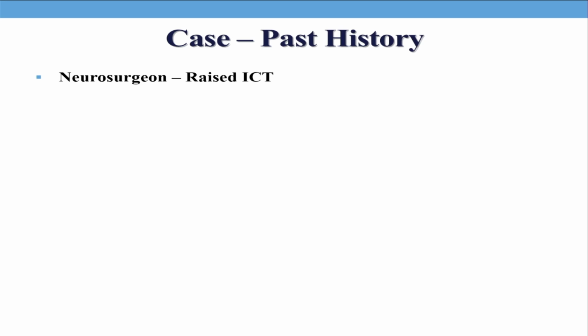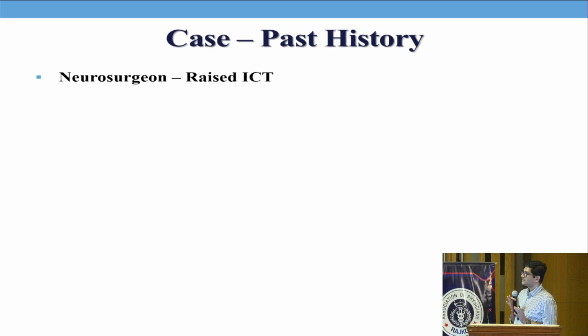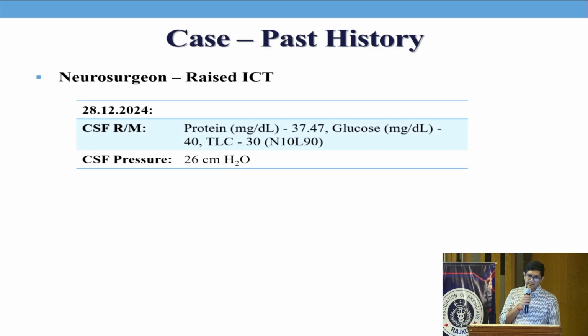In this case scenario, two surgeons were involved. If instead of a surgeon, a physician had been involved, she would have been diagnosed early. The neurosurgeon did CSF and CSF pressure. CSF pressure was high. Though CSF routine microscopy looked normal, total count was 30 and glucose was 90%.